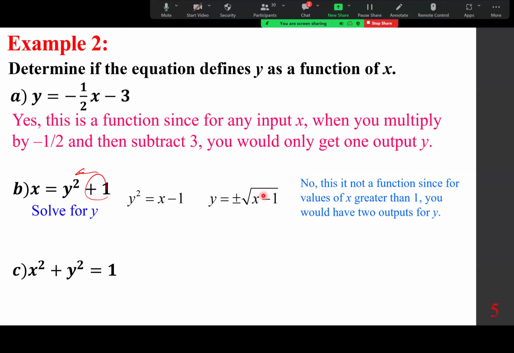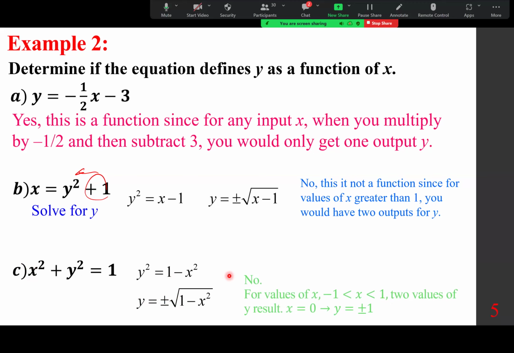What about this one? The same thing. You solve for y. The way you solve for y, first you move the x squared to the right, and then you take a root. Y becomes plus or minus, and this is the one that makes it not a function.